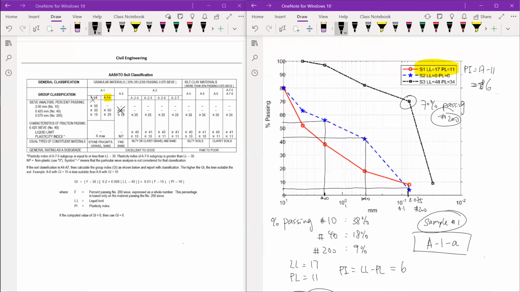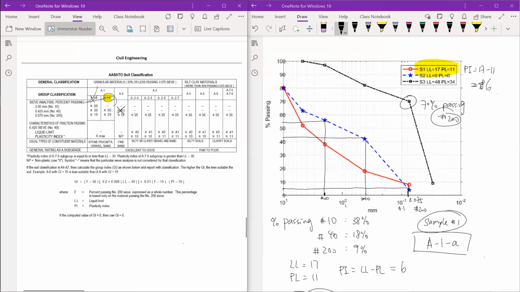If we read our AASHTO manual, 70% is a lot more than 36%, so pretty much we're here, since it's a fine-grained, clay silt type of material.